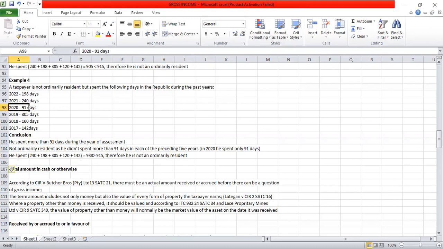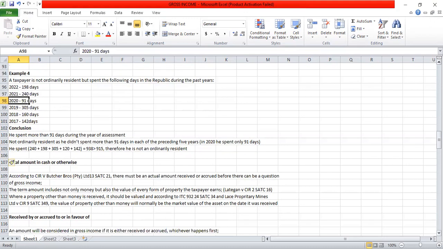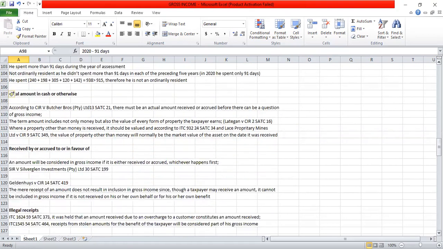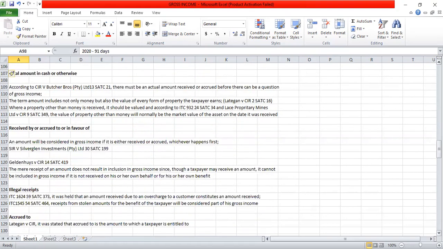Any questions on the ordinary residence? Eugene, on 2018 it is not supposed to be 160. I see you wrote 120 when you add them.